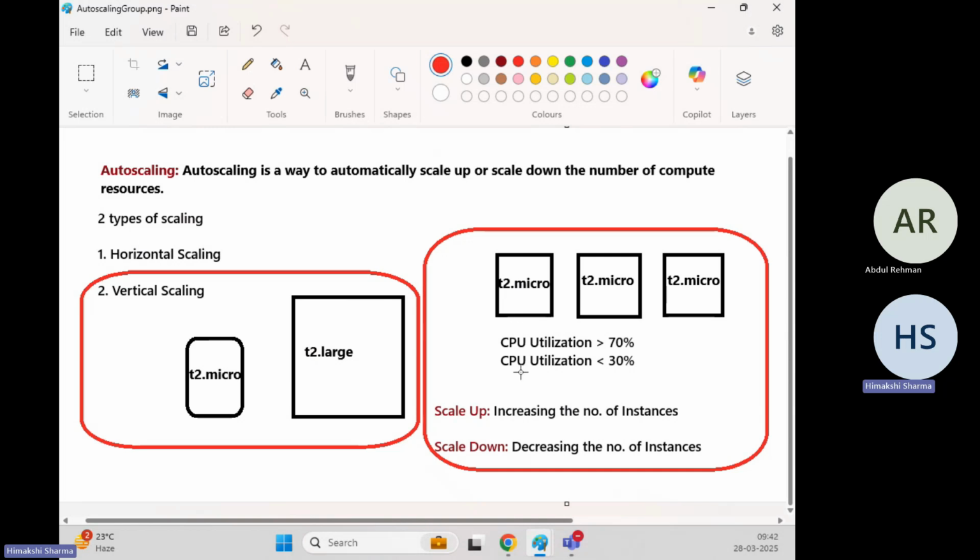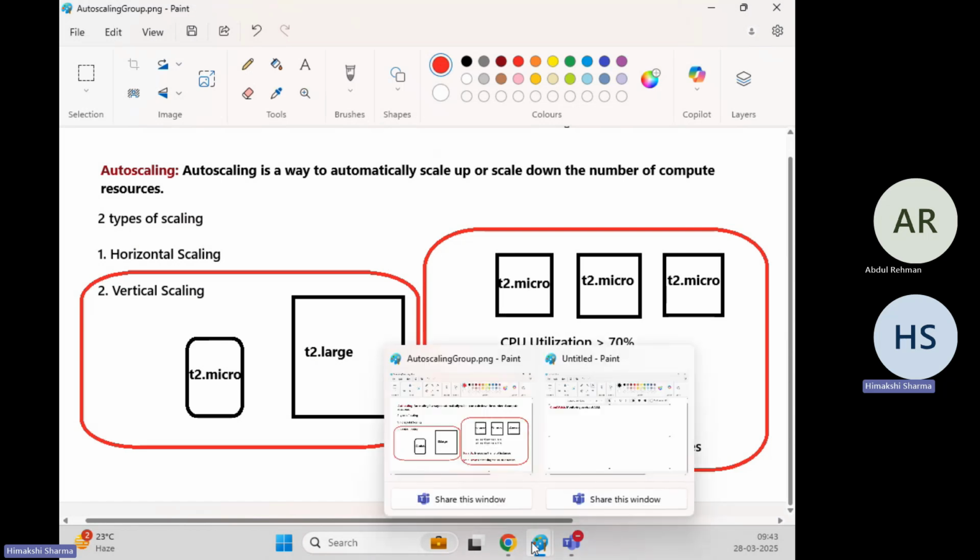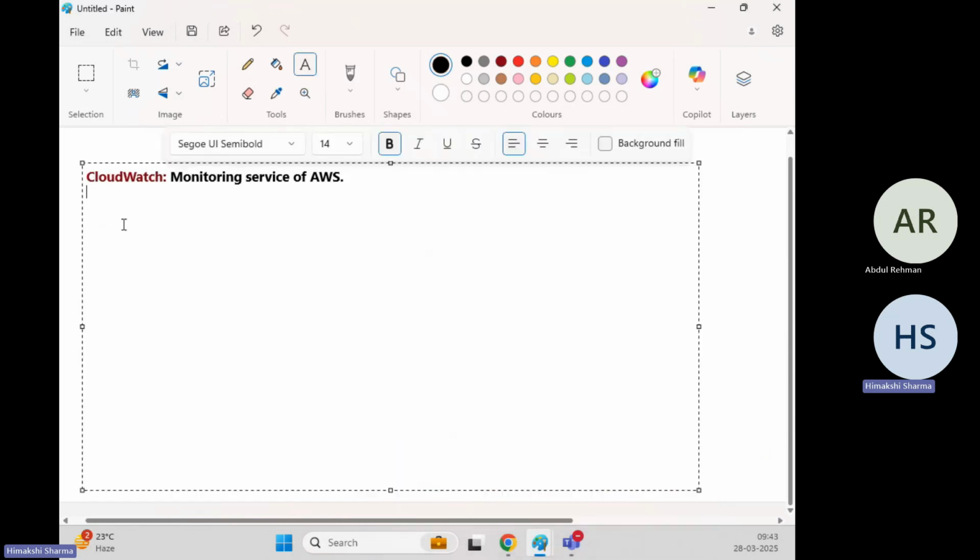What are the network in bytes? What are the network out bytes? All these things, and status checks, right? All this is getting monitored. The data of the EC2 instance is getting monitored. So who is monitoring this? CloudWatch is the service which is monitoring this.